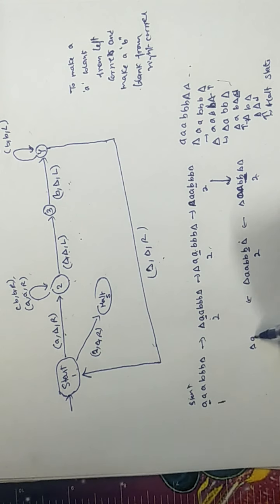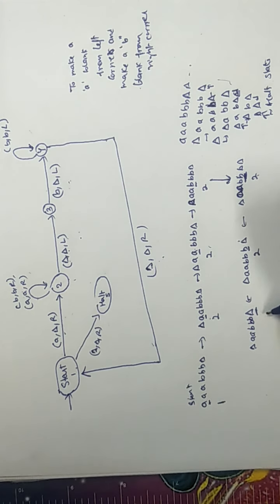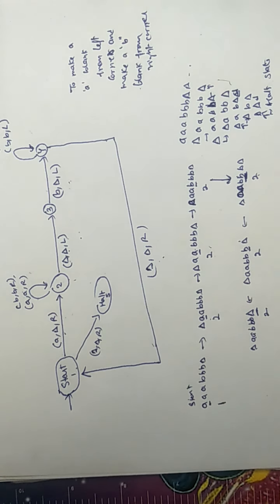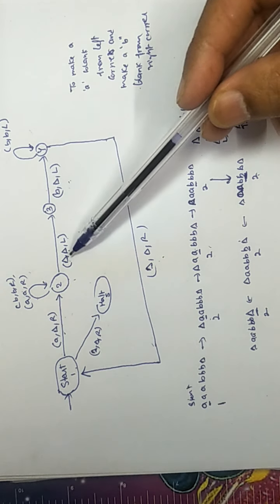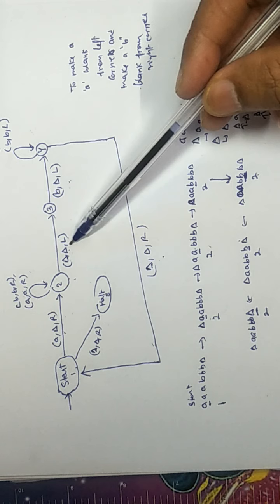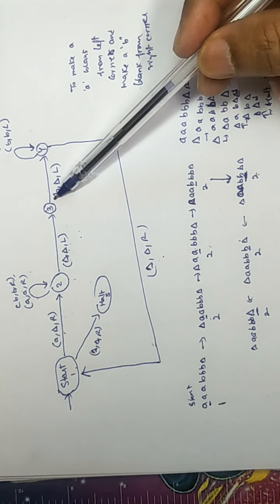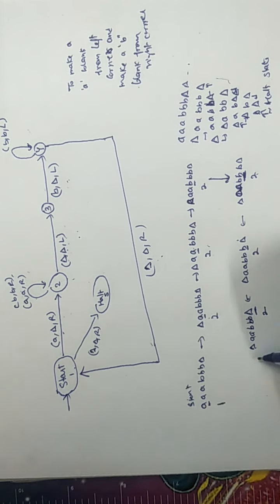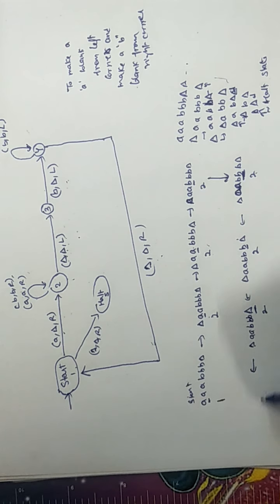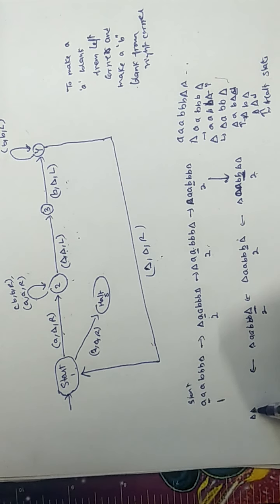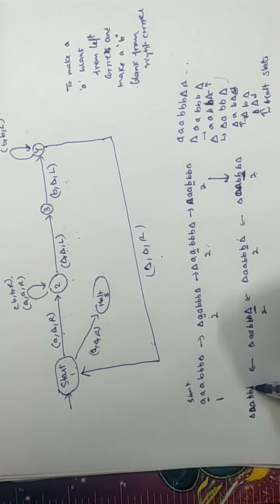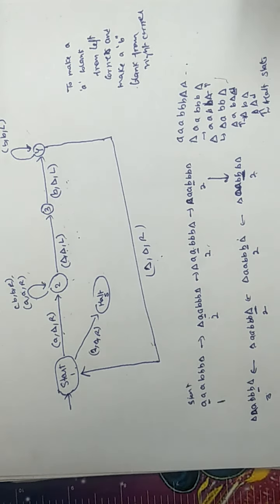We reach this position at state 2 only. Now at state 2 we read a blank, leave it blank only and move to the left and the state changes to 3. So here we move to the left and the state becomes 3.